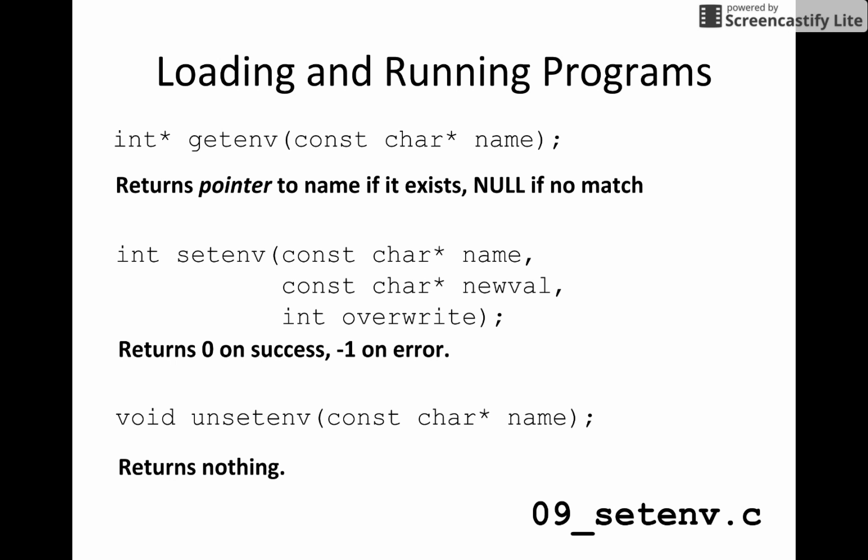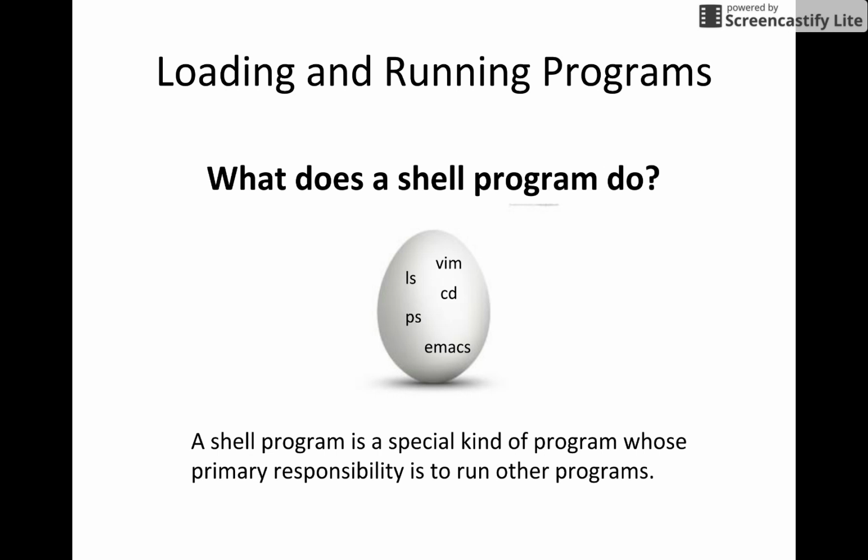And we have setEnv, which allows us to set an environment variable with an optional parameter to overwrite it. And then we have a third related function called unsetEnv, which allows you to unset an environment variable, which of course returns nothing. And this C file provides an example, which I won't look at now, but you can download as part of this material.